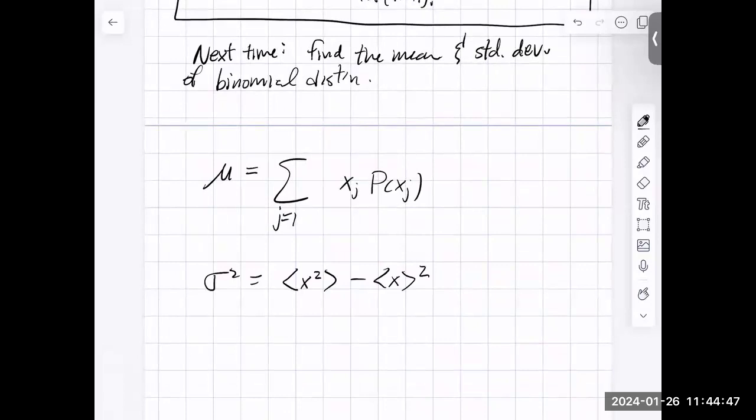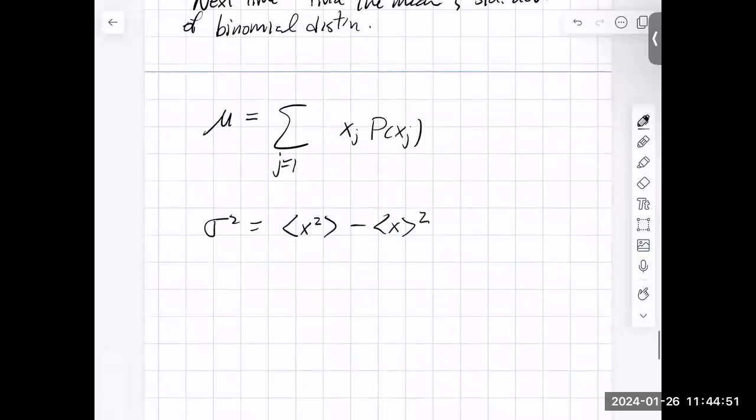So if we do the calculation for mu, then we'll know this result. And this average of x squared will be the sum over j of x_j squared times P of x_j. And so these are the kinds of calculations that we'll try to do on Wednesday.